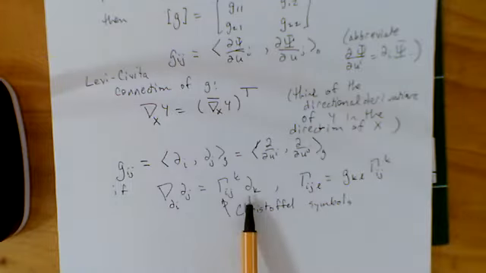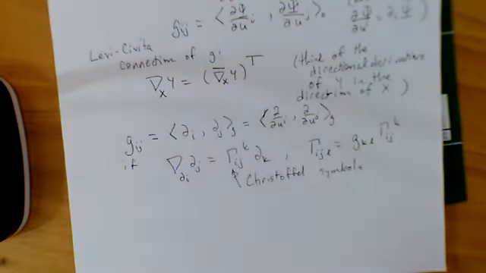You can think of these coefficients as giving you the local representation of the covariant derivative with respect to these coordinates.